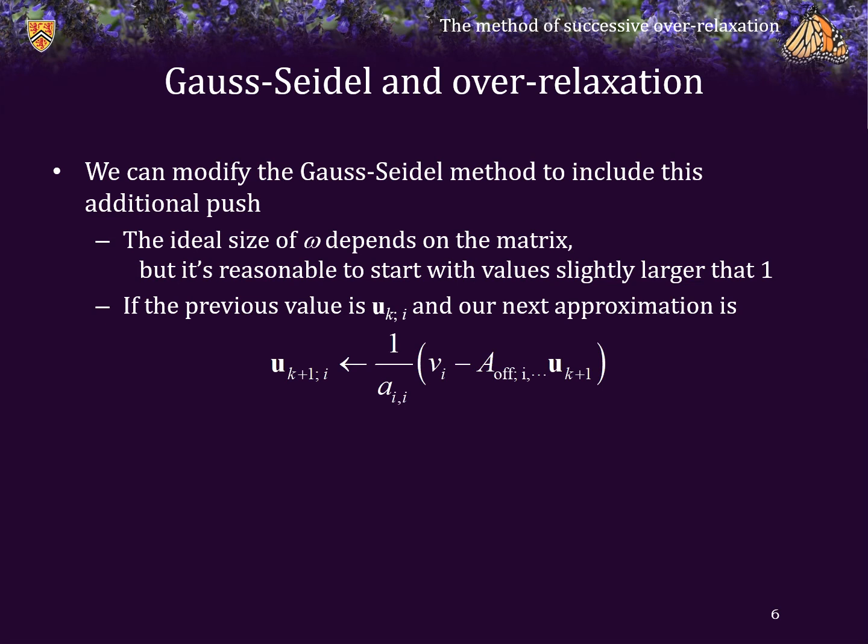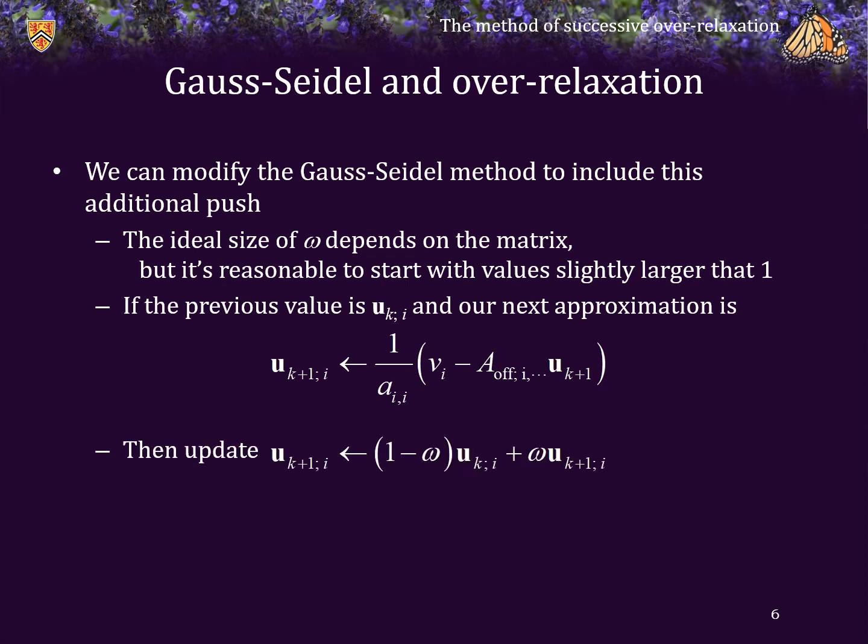Suppose we have the previous value for the ith entry of our approximation of the solution, u_i^(k), and then we find the next approximation, which with Gauss-Seidel is found with this algorithm.